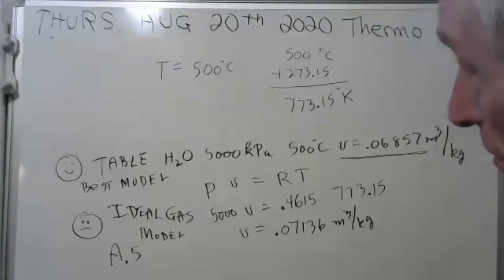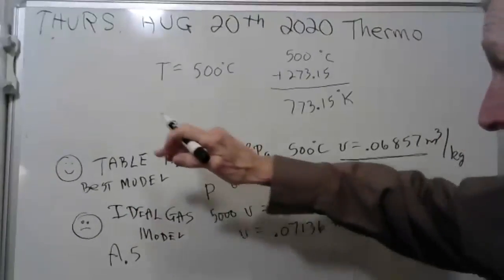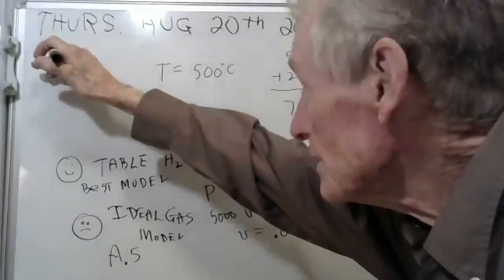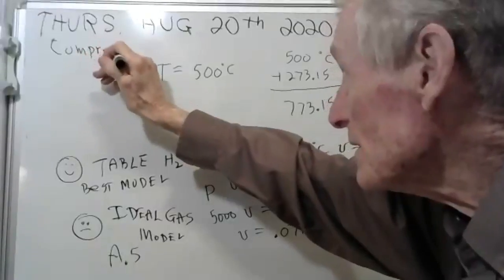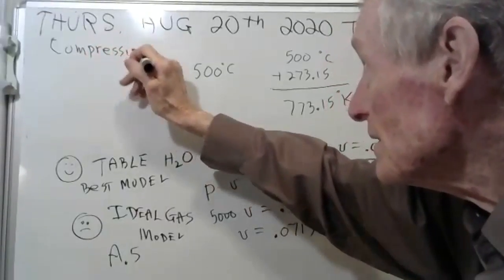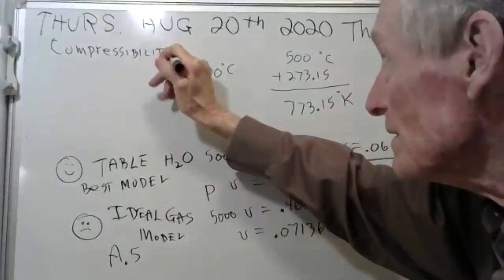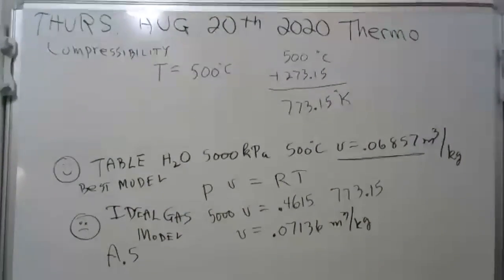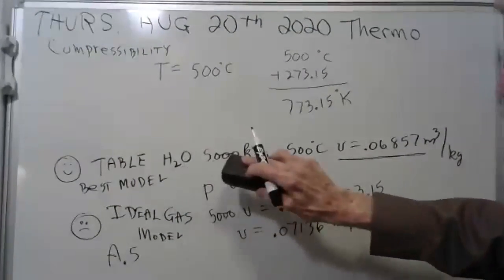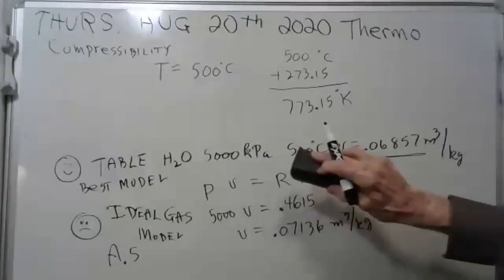And now we're going to do it with what they call compressibility. Okay. And we know we have water. We know the pressure is 5,000 kilopascals.